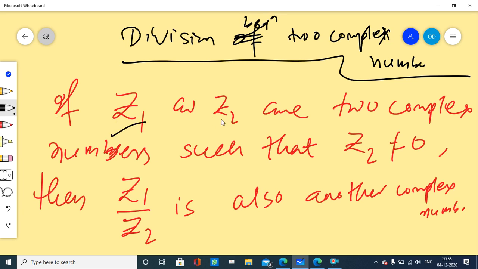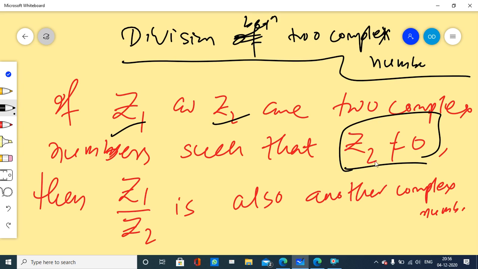So by dividing one complex number by another non-zero complex number, you get another complex number. A complex number divided by a complex number is a complex number.